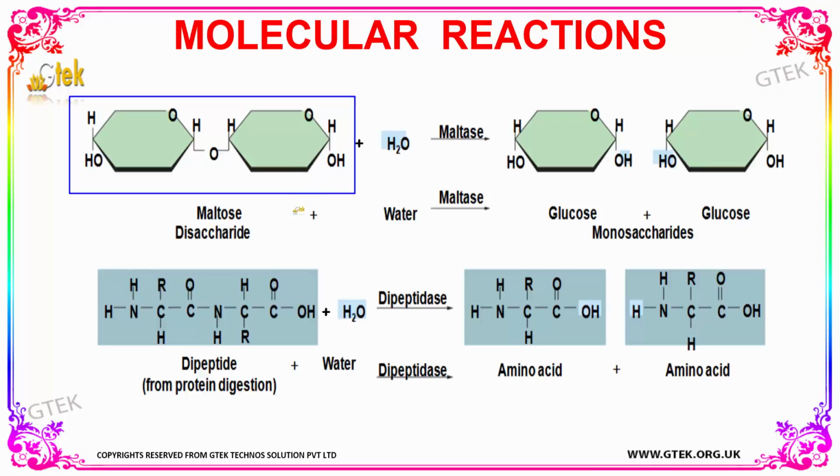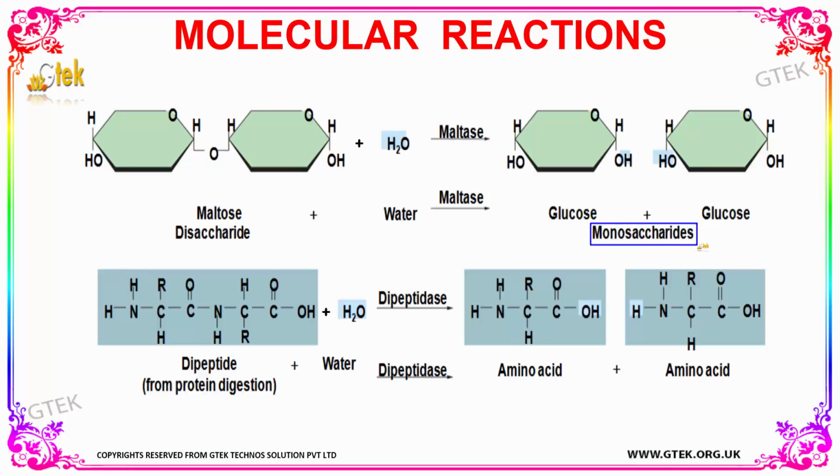Your maltose disaccharide, on addition with water in the presence of maltase, will produce glucose, that is energy. So your disaccharide is converted into a monosaccharide, as you can see. Your H2O, here you have 2 hydrogen molecules and 1 oxygen. So this is added over here.